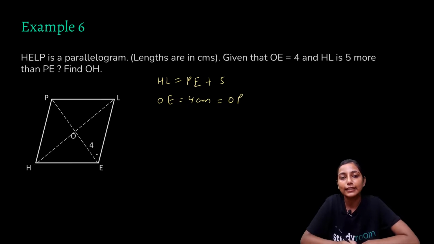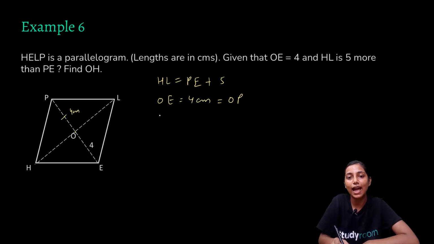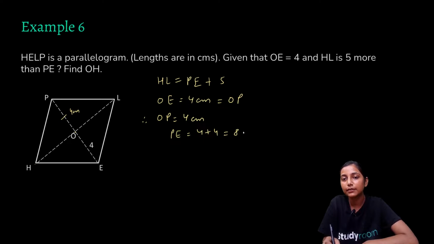Why? Because this is one diagonal, this is the other diagonal, they are intersecting each other at O, so they will be bisecting each other. So we have OP also equal to 4 centimeters. Therefore, our whole PE is going to be 4 plus 4, OP plus OE, that is 8 centimeters.